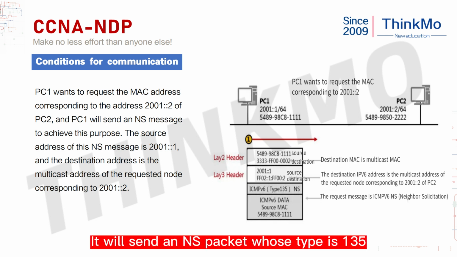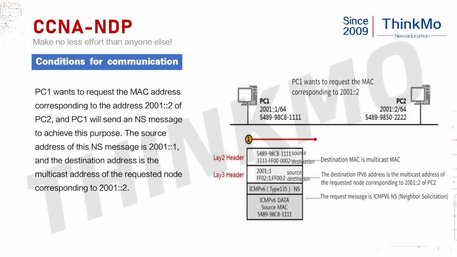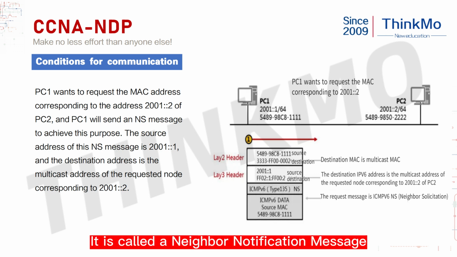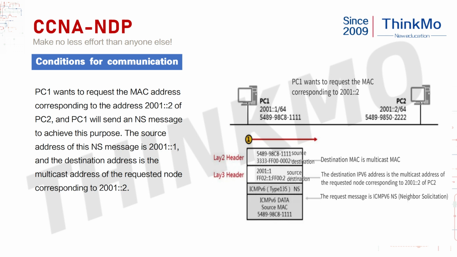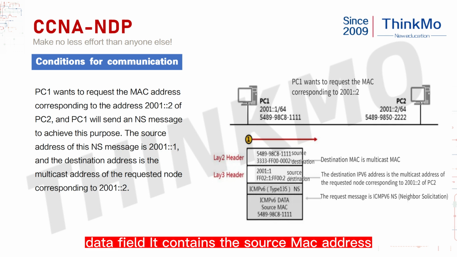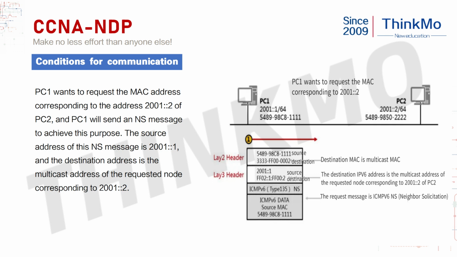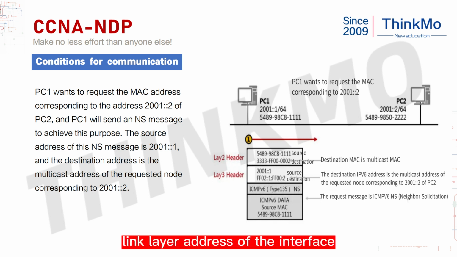He will send an NS packet whose type is 135. It is called a neighbor solicitation message, in the data part of the IPv6 packet. That's the data field. It contains the source MAC address. That is to say, it carries the link layer address of the interface.